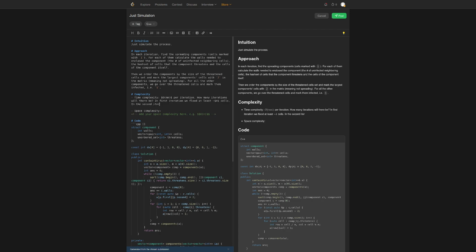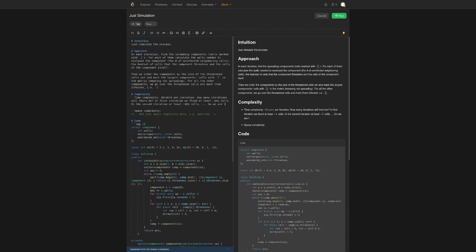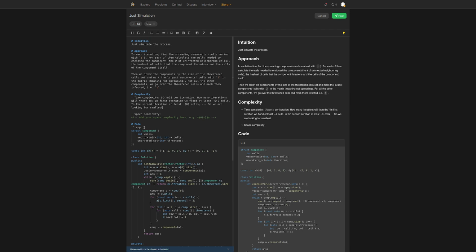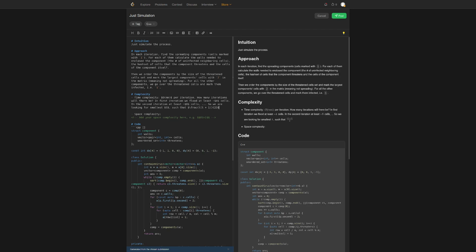In the second iteration at least 8 cells, and so on.